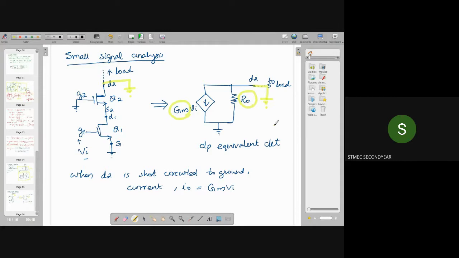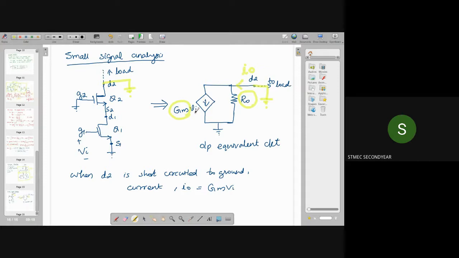That is, if it is connected to ground and we are assuming there is a current I0 in this direction, if it is short circuited, then there will not be any effect from this R0. This I0 will be equal to this current, that is gm into Vi.